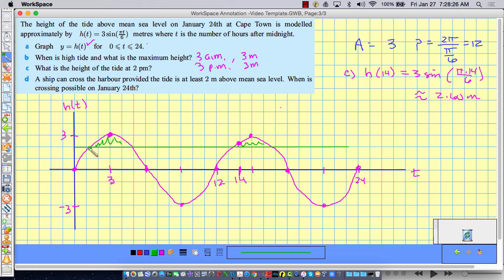So whatever time is here, and then here and here, so between these two times and between these two times is when it's possible for the ship to be able to cross the harbor. We can't figure that out by hand very easily, so we are going to use a graphing calculator.